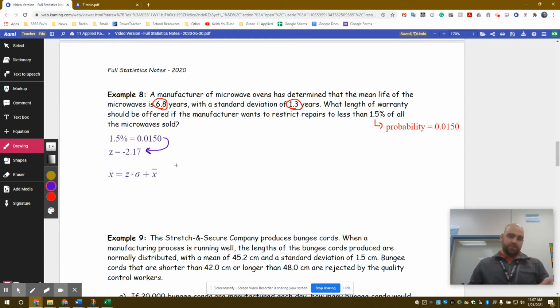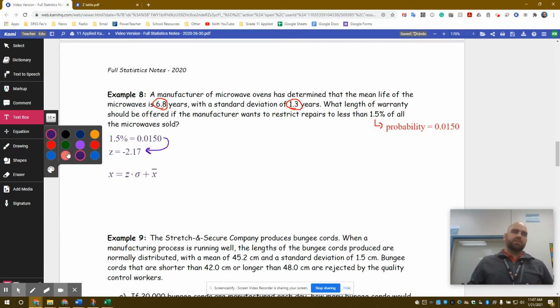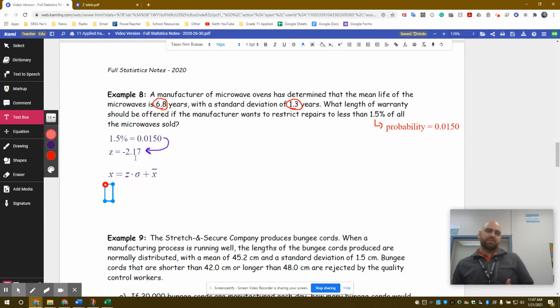Remember, every Z-score has a certain probability, and this probability has this Z-score. They're related to each other, and we can go back and forth and find each one. Now that we know that, we can solve for our data point. We have our Z-score, our X bar, and our standard deviation.